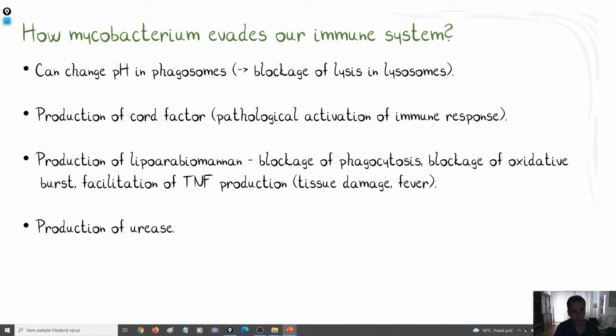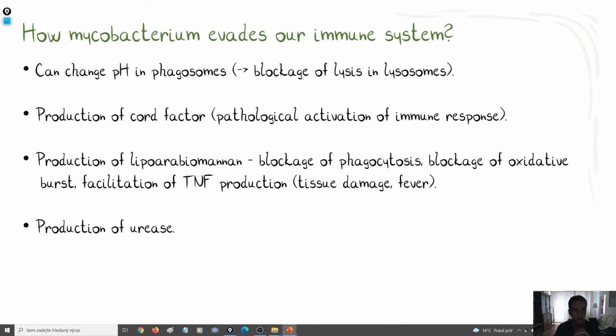It can, for example, change the pH in phagosomes, because as you probably know, each enzyme requires a certain pH for its function, and it's the same for enzymes in lysosomes. So the bacteria can change the pH in phagosomes, and therefore it blocks the lysis in lysosomes. So the mycobacterium is engulfed, it's swallowed, but it cannot be digested.